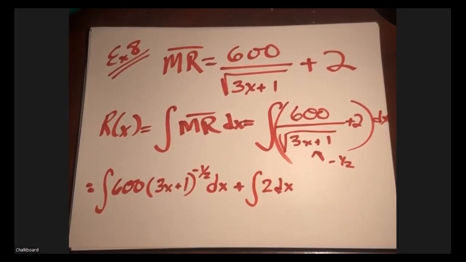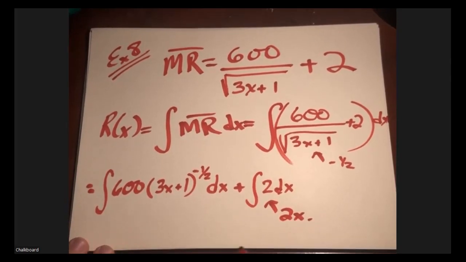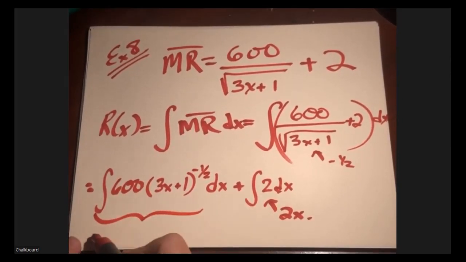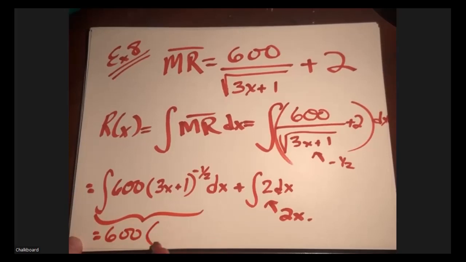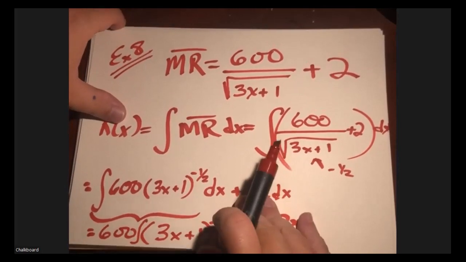Now, this is just going to be 2x, right? But when I do this, I'm going to first take the 600 out. And when I do that, just watch out, because now I let u equal what's inside. Okay, let's just recap. So far, this is where we are.